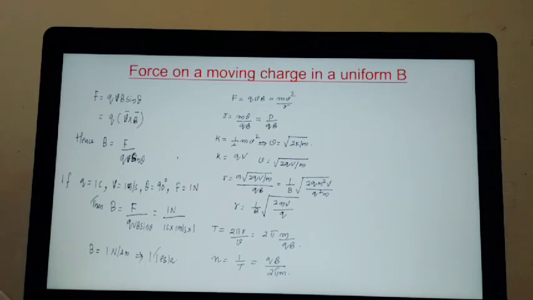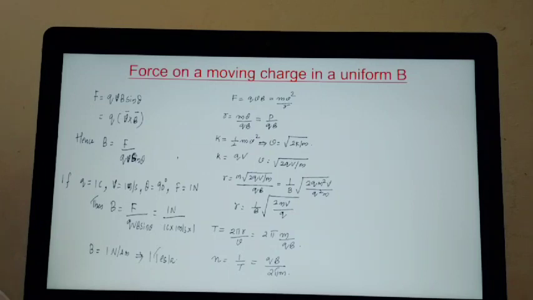And T is equal to 2 pi r divided by v, time period, total distance divided by velocity. So that will become 2 pi into m divided by qB. From that first equation, r by v will become m by qB. So T is equal to 2 pi r by v, 2 pi into m divided by qB. And if time period is known, then you can calculate the frequency.